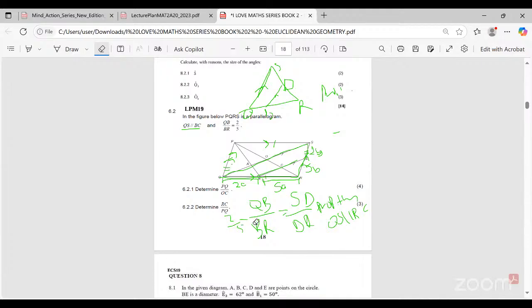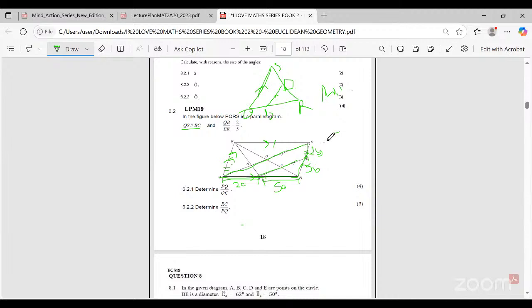Okay. Then now, these are marks. You are not going to erase it. I'm just erasing it because of my space. Yes, sir. Now what can we do again? What is the whole of this side here?